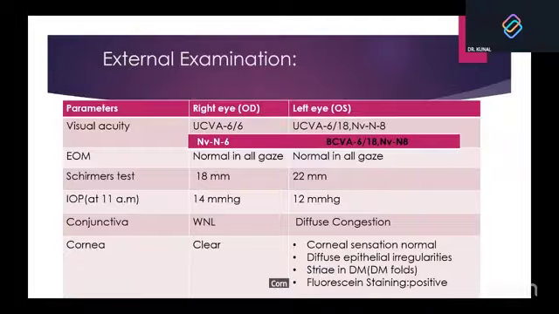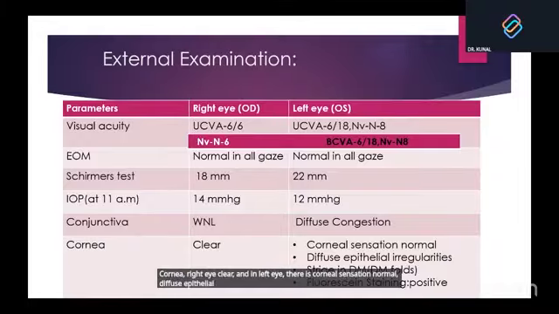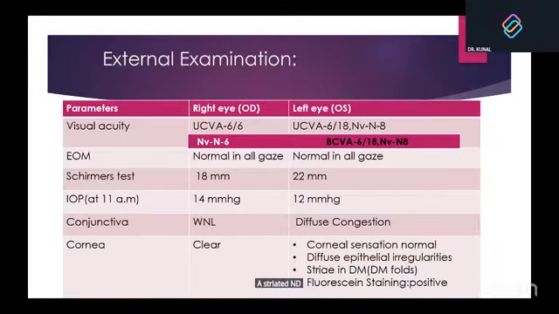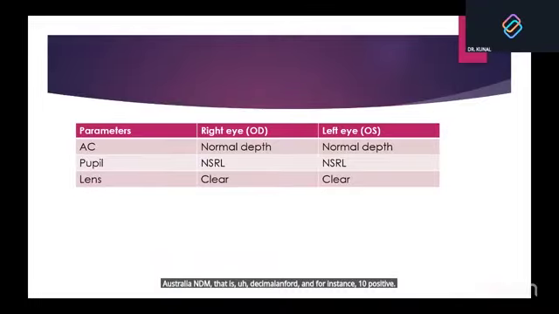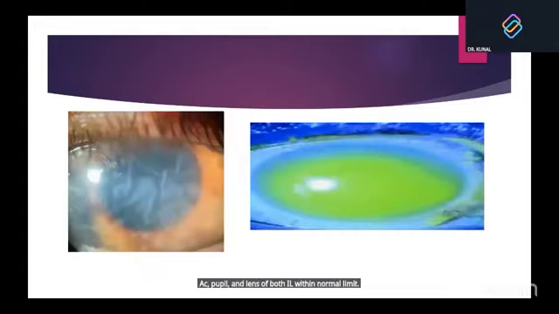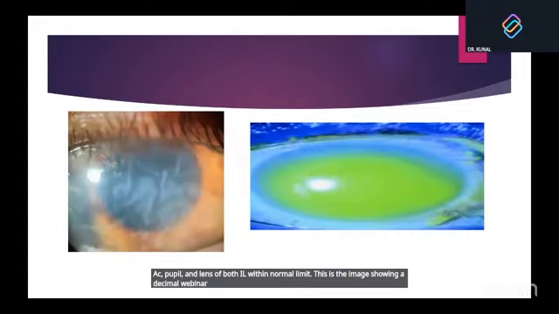Cornea right eye clear and in left eye there is corneal sensation normal, diffuse epithelial irregularities, striae and DM, that is Descemet membrane fold, and fluorescein stain positive. AC, pupil and lens of both eyes are within normal limit. This is the image showing a Descemet membrane fold and diffuse corneal staining.